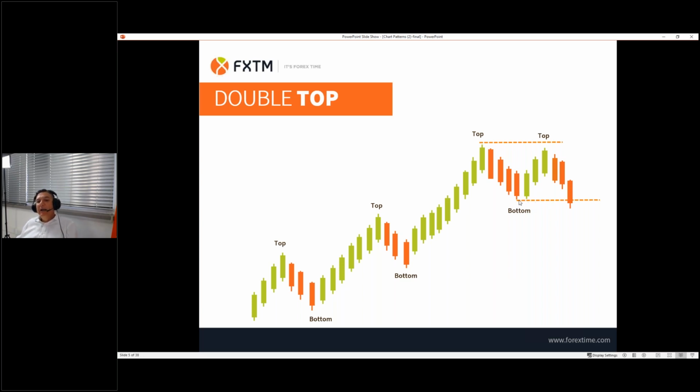Now we have a double top. This reversal, this double top, signals the end of the uptrend and the beginning of a new trend in the opposite direction, a downtrend. And usually this is the very early stage of a downtrend, and a lot of traders will open a sell position here.